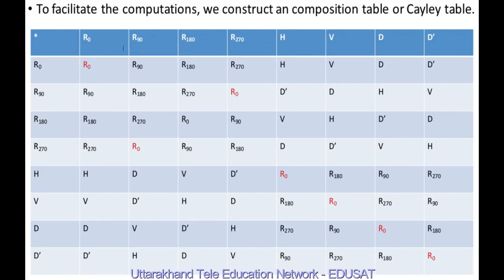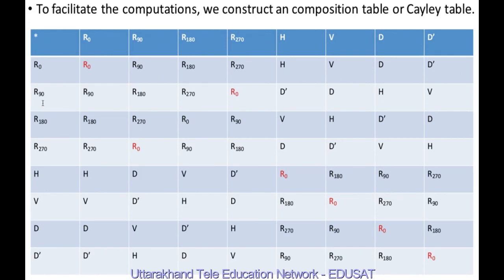We write all the elements of D4 in the top border row and left border column. Then we perform these transformations: R0 with R0, R90, R180 and write the corresponding elements here.